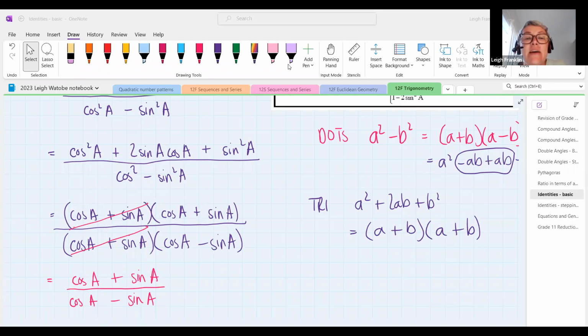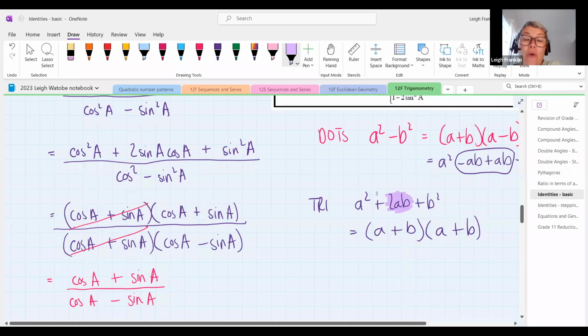Okay, Lisa, that's a very good question. A lot of people ask that question. All right, so where did 2 sine A cos A go? It didn't go anywhere. I factorized. If we're going to ask that question, where did 2ab go?